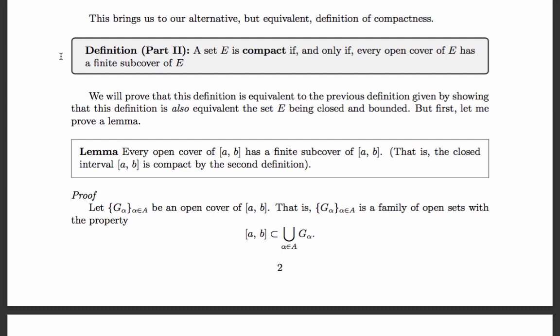All right, let's prove it. Suppose G alpha is a family of open sets that's an open cover of the closed interval a to b. In other words, a to b is contained in the union of all of these open sets.